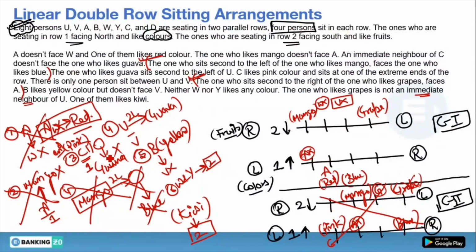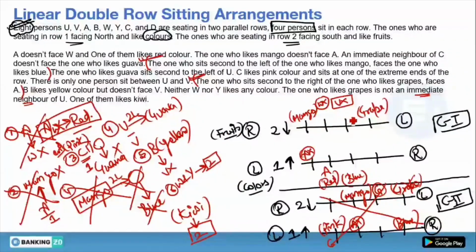C's immediate neighbor is not facing the one who likes guava, and C likes pink color and C is sitting at the end. So there are two possibilities for C as of now, that C can come here also and C can come here also, because we don't know the confirmed place of guava. So we cannot put this hint now. Okay. Now let's check hint number 4. U's second left is guava and there is one person gap between U and V. Okay.